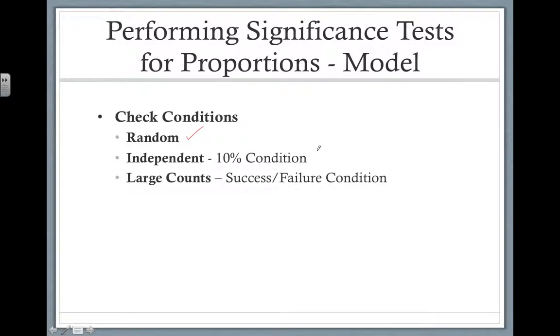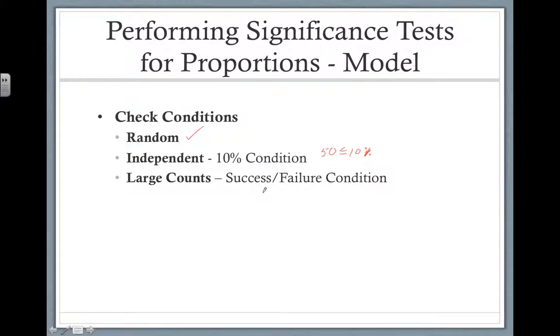For the 10% condition, I would assume that 50 is less than or equal to 10% of free throws in, let's say, a season of basketball.